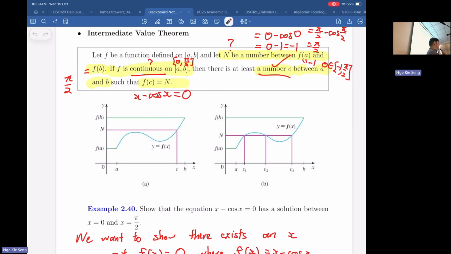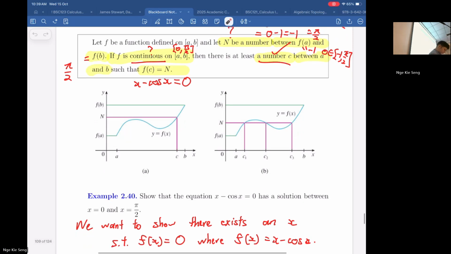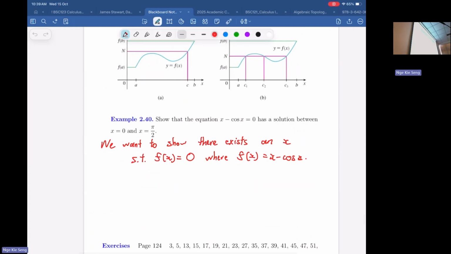So their difference is defined on this domain, so it is good. So x minus cos x is continuous on the interval 0 to pi over 2.